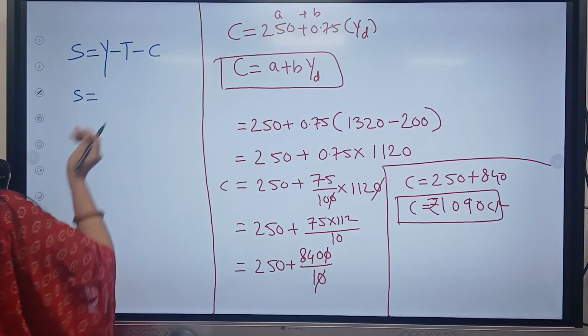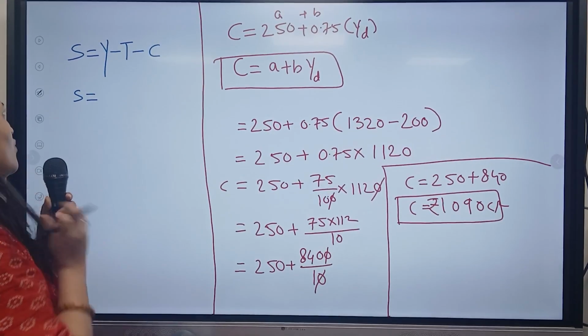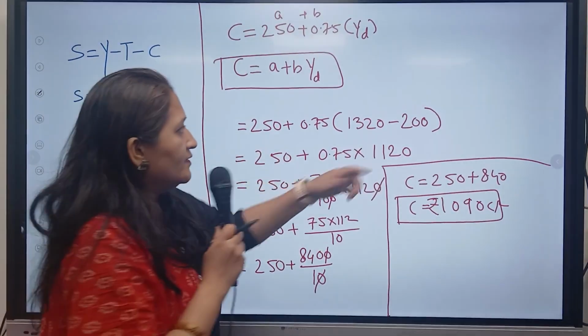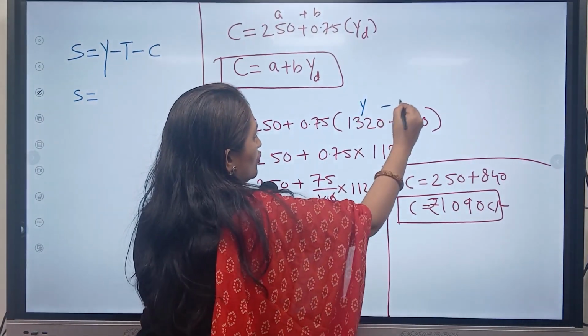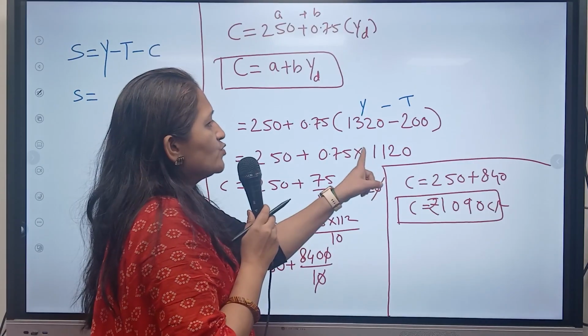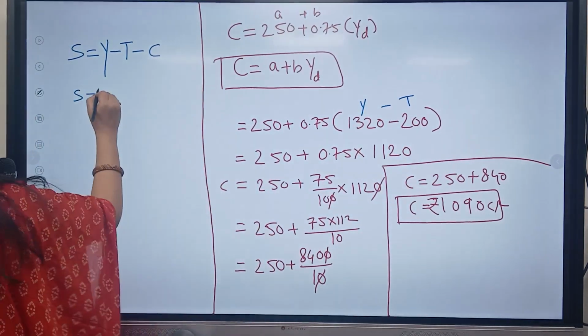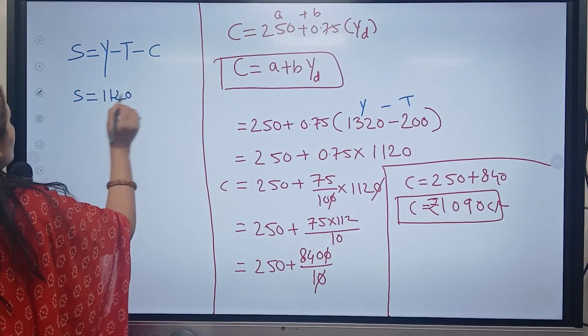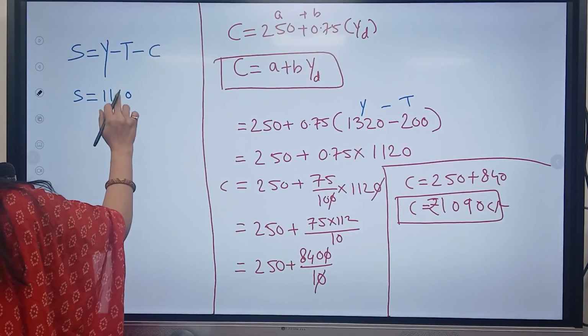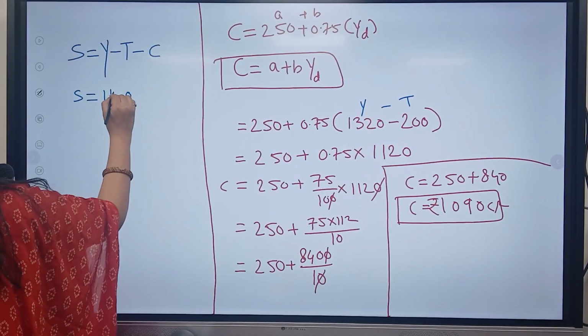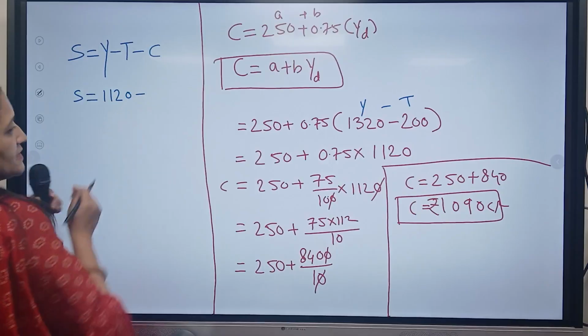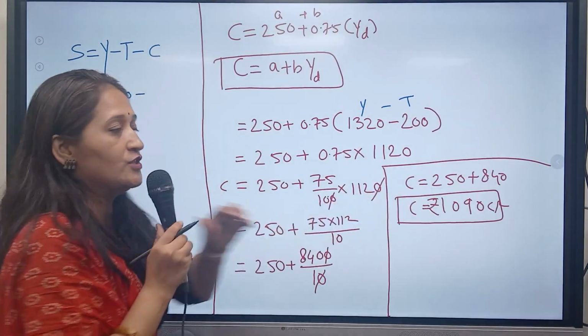So S, we'll simply put the values here. Y minus T, we already know the answer. This is your Y, this is your T. It's 1120. This is 1120 minus consumption, which is 1090 crores.